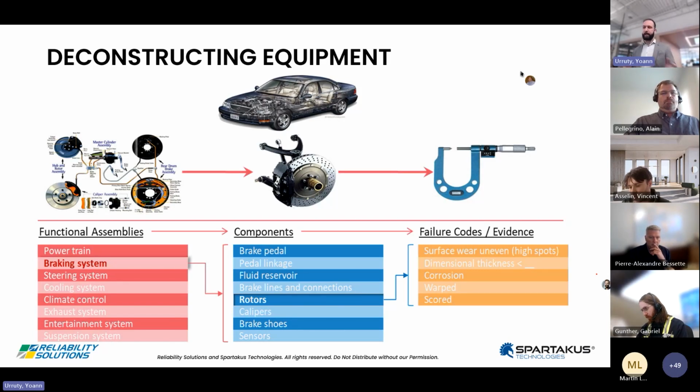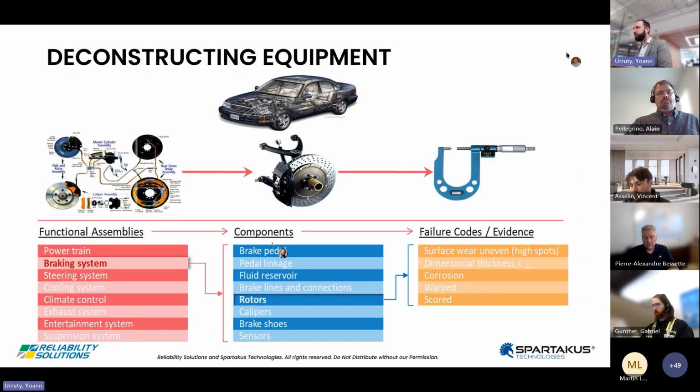Now if you go into a food and beverage company and you look at a case packing machine, it's very complex with a lot of functional assemblies and a lot of components, and so the first thing you must do is to deconstruct that piece of equipment, because you don't want to miss any of these components.